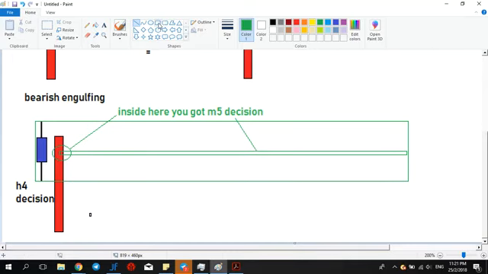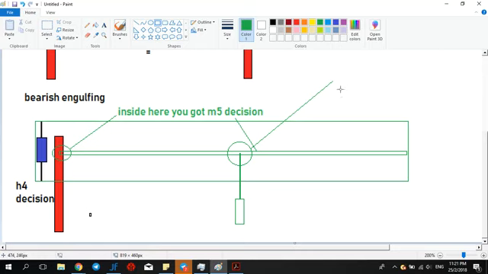And then price comes to this zone, it does something like this, and then inside here you got something like this.